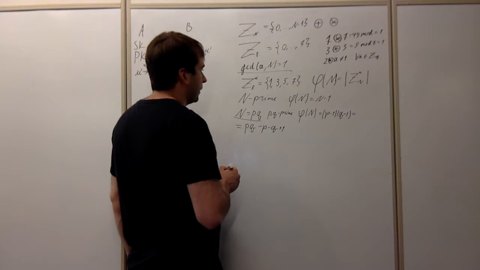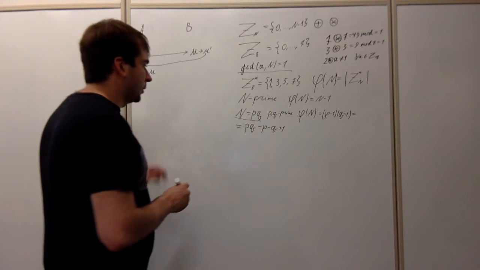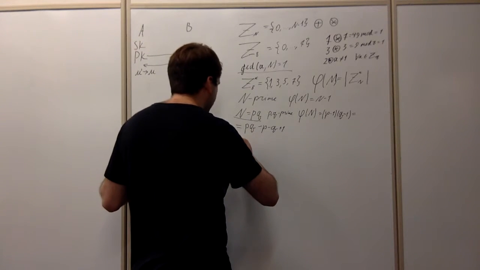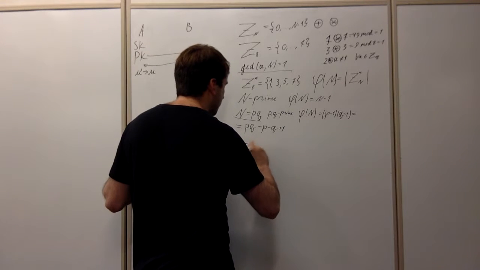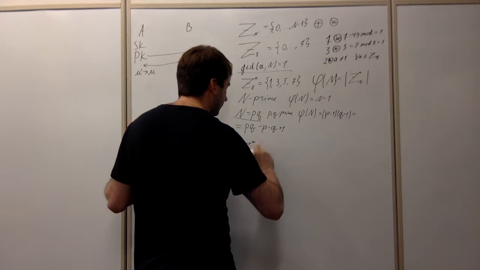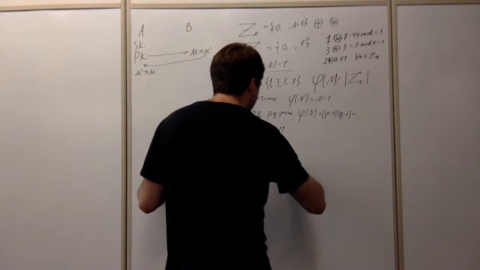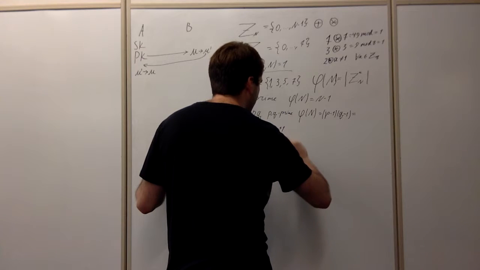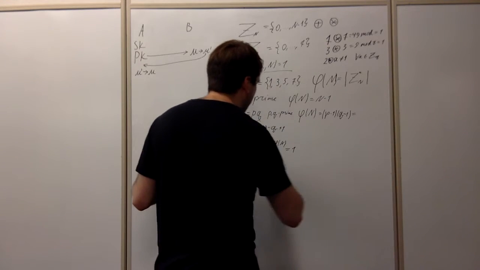Okay, now let's talk about the Fermat-Euler theorem. The Fermat-Euler theorem says that for any x from Z star n, the following is true: x to the power phi of n is equal to 1 in the ring Zn.